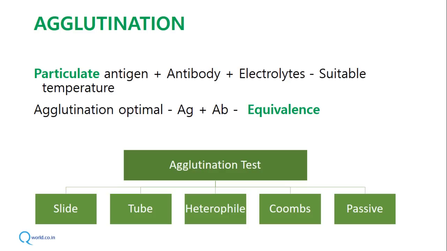The clumps we get in agglutination are better visualized and interpreted compared to the bands of flocules seen in precipitation. Agglutination is also faster in getting the results. That's why agglutination tests are widely used in today's era of modern diagnosis.